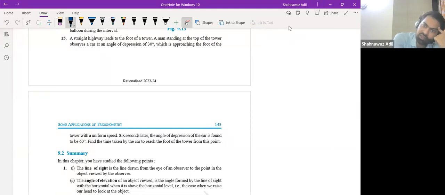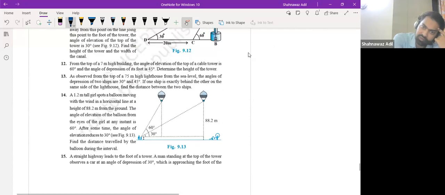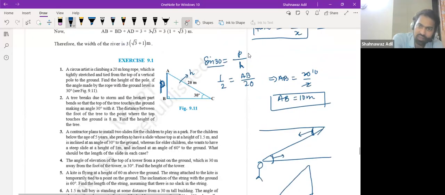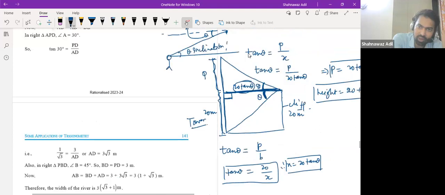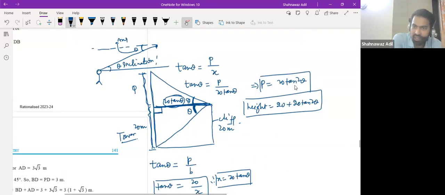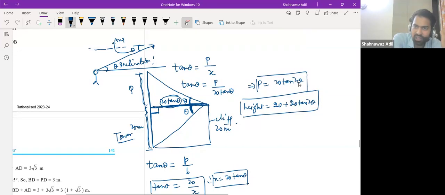Can you take the screenshot of the book and send me the question? Take the screenshot so that I can understand, because without the angle you cannot solve. If you know the theta, then you can solve this question. So this is the diagram, right? Please send me the question.